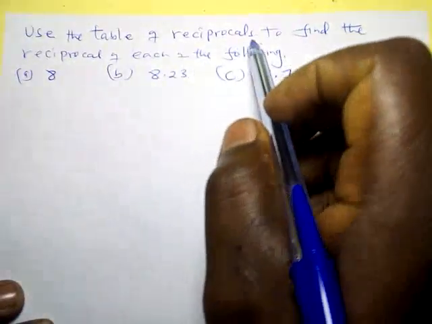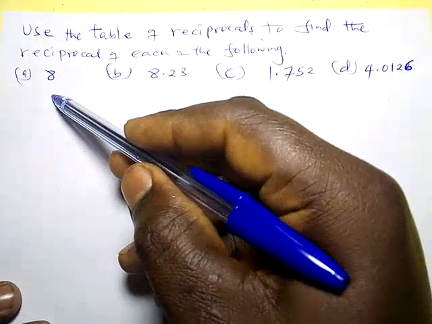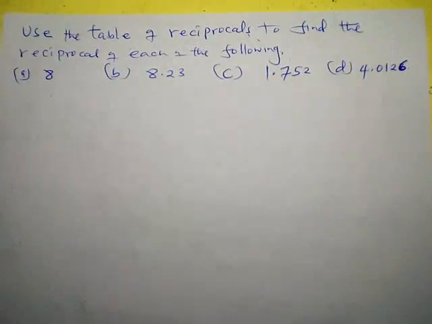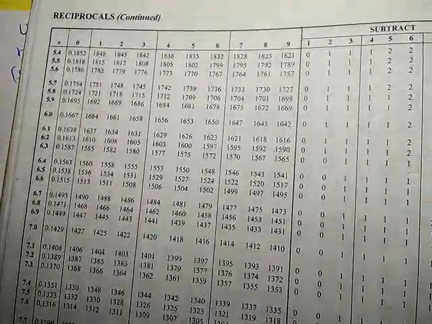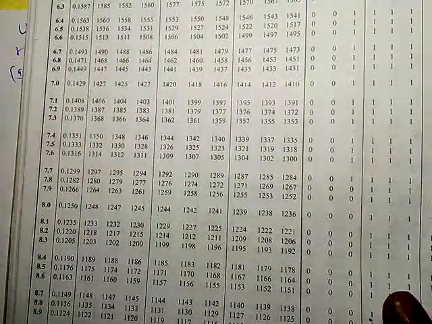Use the table of reciprocals to find the reciprocal of each of the following. A is 8. To find the reciprocal of 8, you open the reciprocal table, go to the x column and find where we have 8.